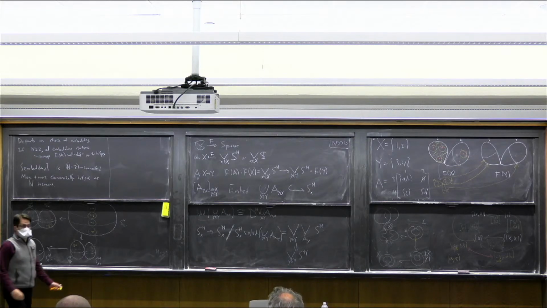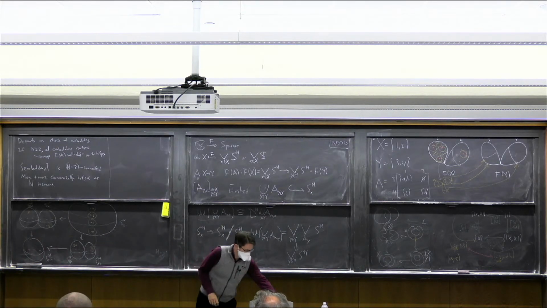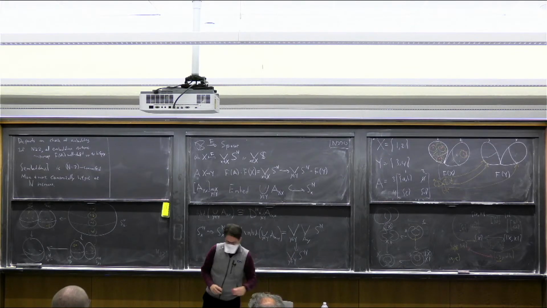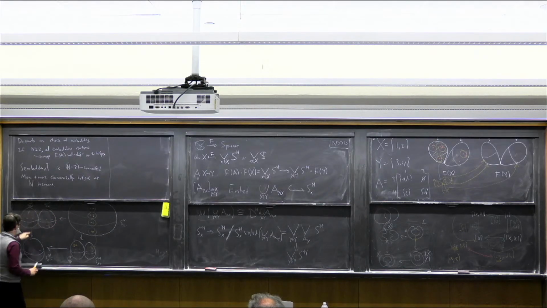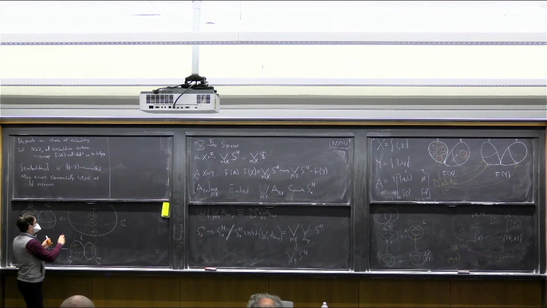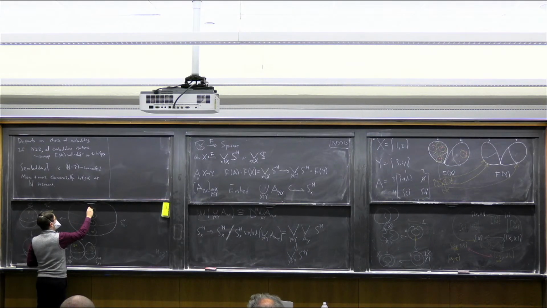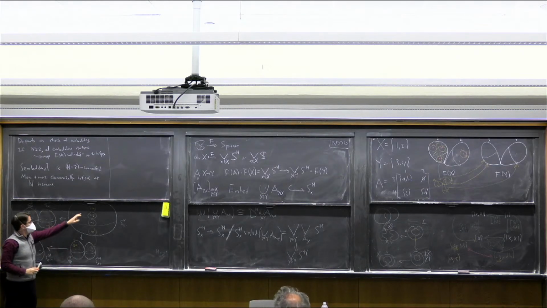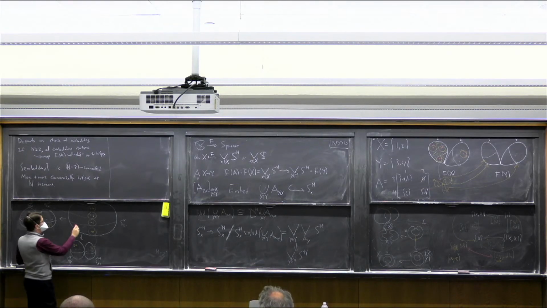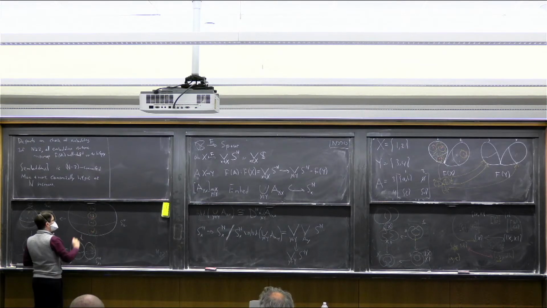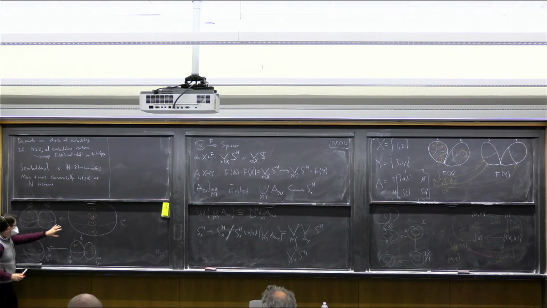Does this square commute? If I go over and down, what goes where? Well, there's a little ball inside here corresponding to the preimage of E. And that much smaller ball goes to this ball, which goes to this sphere. And similarly, there's a ball inside here corresponding to the preimage of F. And that goes to here, which goes to there.